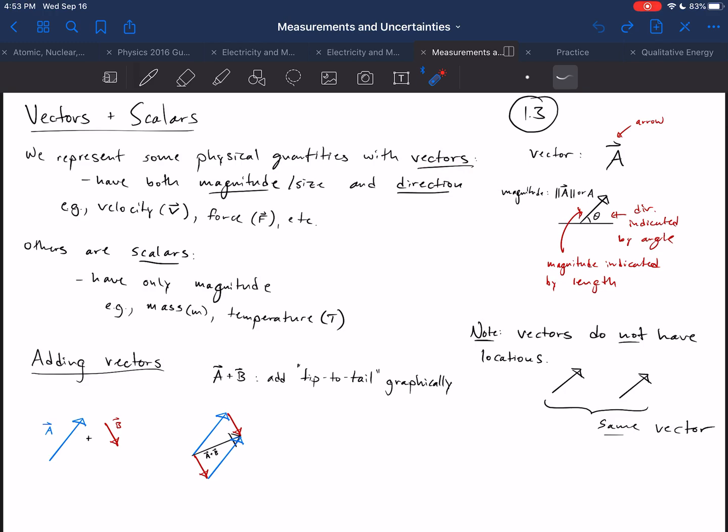Some straightforward examples that you probably will have seen before of vectors include velocity vectors, that is how fast you're going and in what direction, and force vectors. Forces are probably the go-to example for things where the direction matters.